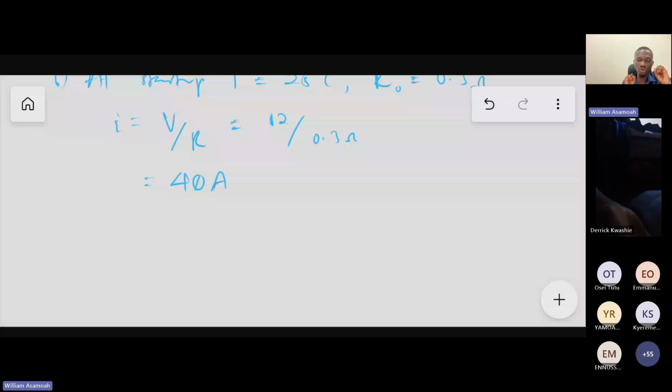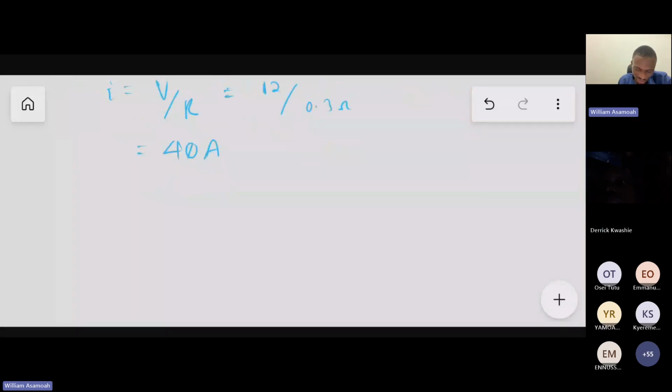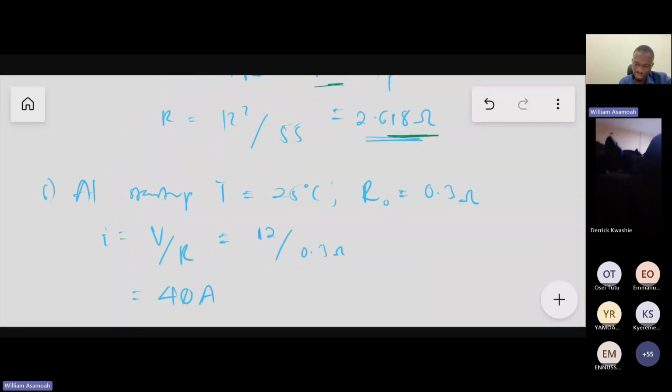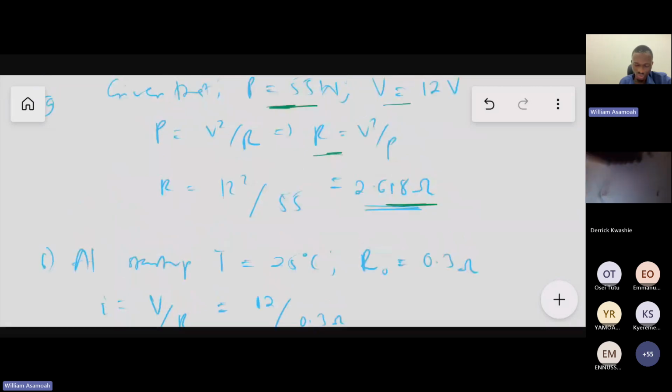It starts glowing small, then it comes on. All that time that it is glowing, it is taking that 40 amperes. So it starts from a very high 40 amperes, then it takes it until it settles at that 2.618 ohms.